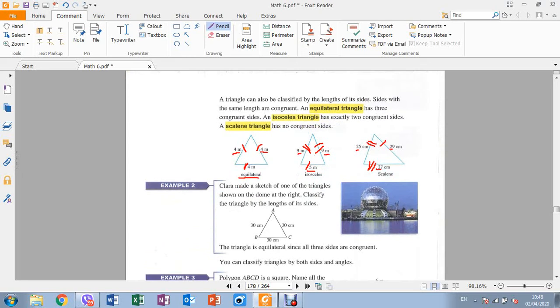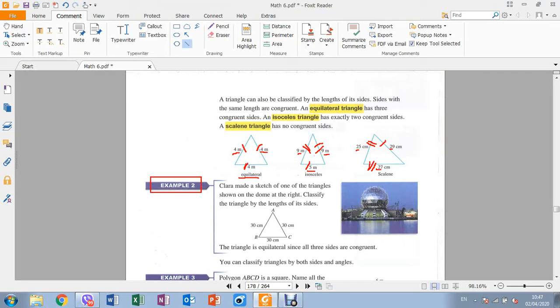Example 2. Clara made a sketch of one of the triangles shown on the dome at the right. Classify the triangle by the length of the sides. Okay, look at this triangle at first.